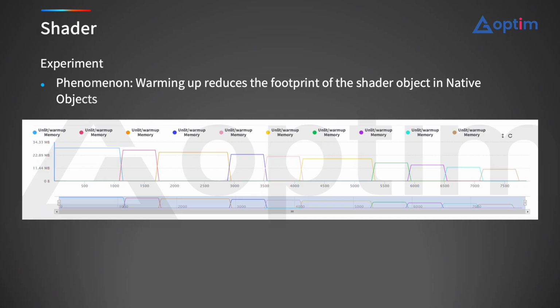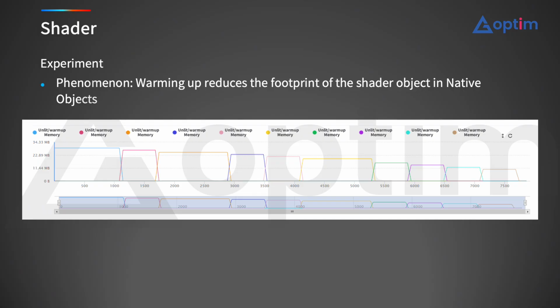As a result, we found a bunch of shaders with the same name called unlit warm-up. When you check their memory usage, you'll see that their life cycle is continuous, but their memory footprint gradually decreases. Therefore, we counted them as 10 different resources, when in reality, they are the same resource.